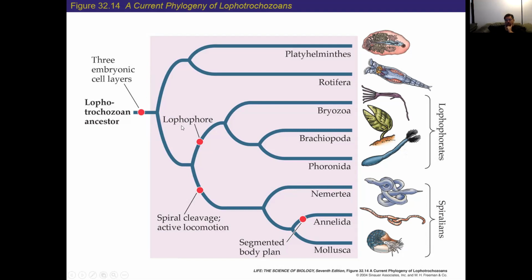You'll see a thing called a lophophore for these animals here. And a lophophore is going to be like a tube that goes through it that you'll see a little bit down the road when we talk about it. It's also going to talk about, again, these are just evolutionary advancements. Here we have a cleavage, and then we see a segmented body plan form for annelids.